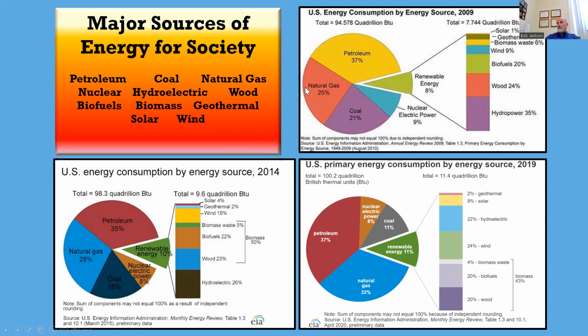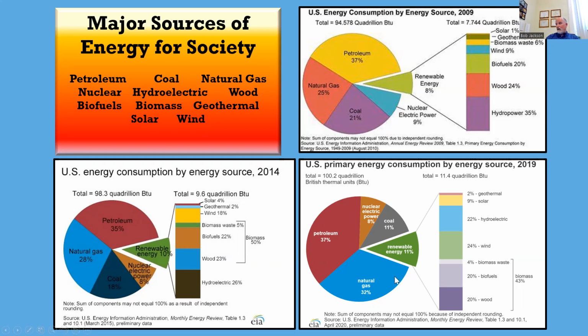If you look, we use natural gas, and these are all to produce electricity. Natural gas was at this level in 2009, but if you look now, we're using a lot more natural gas to make electricity. That's where we have a lot of natural gas plants popping up and fewer coal-fired plants. Here you see 21% of electricity being produced by coal burning.